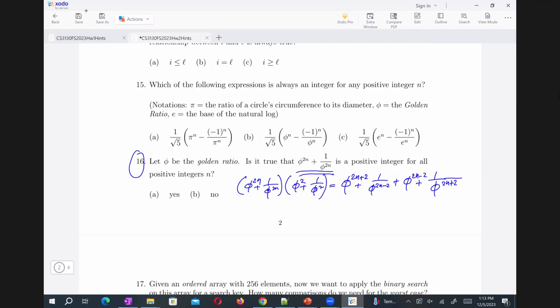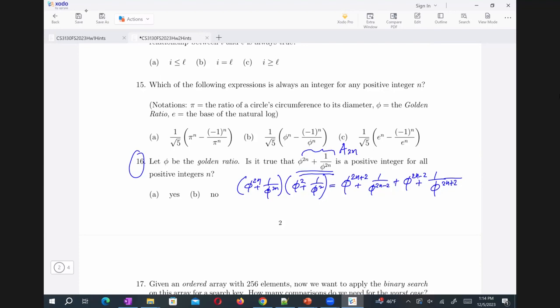Okay? But can you see something useful here? Let me use a notation, because if I write the whole thing, I need to write a long formula. How about I use a sub 2n to represent it? Then I can write it shorter, right?